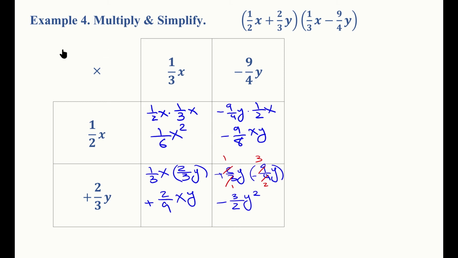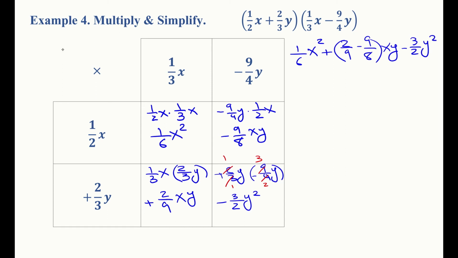Okay, so now we're going to be combining the like terms, and these two are our only like terms. So let me go ahead and write it out here. So we get 1/6 x squared plus, I'm going to put the 2/9 minus 9/8 together like that, and then factor out that xy, and then minus 3/2 y squared.